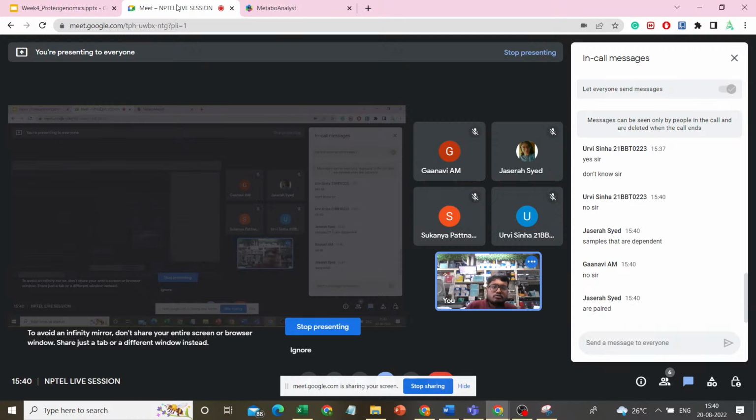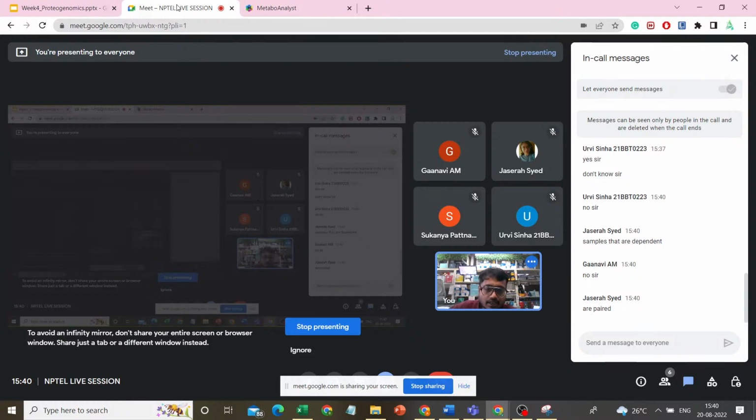So if you take a mice, and in that mice you first take the control samples. Let us assume that the mice has some problem, like a disease condition, for any neurodegenerative disease or any kind of disease.